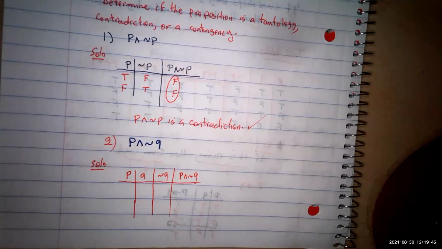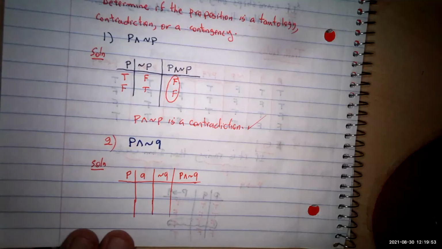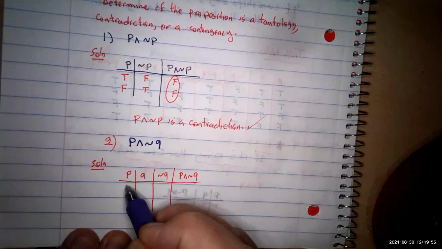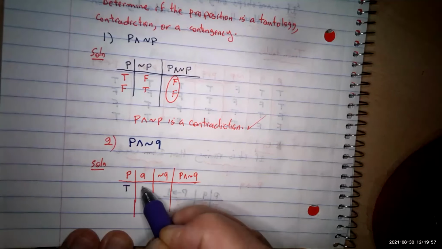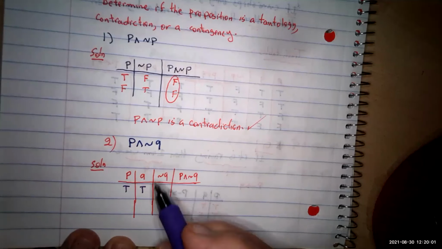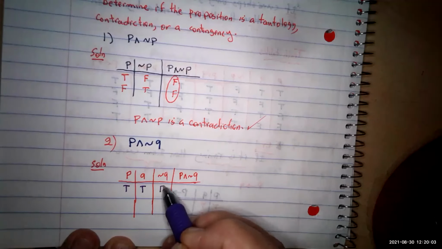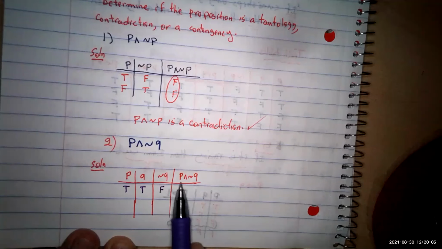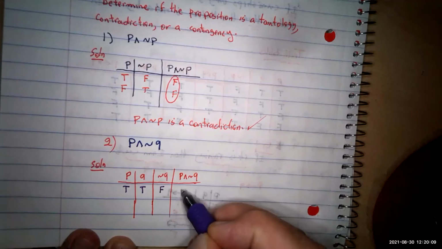You have two atomic propositions, so you have to consider 4 cases. Consider your cases and then you put them together. The cases start with true, true. Not Q is going to be false. For P and not Q, since one of them is false, the result is going to be false.